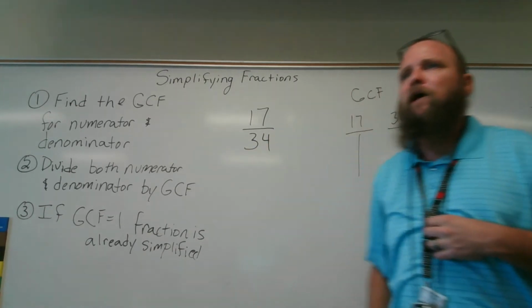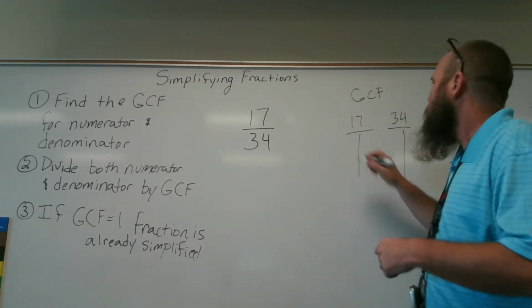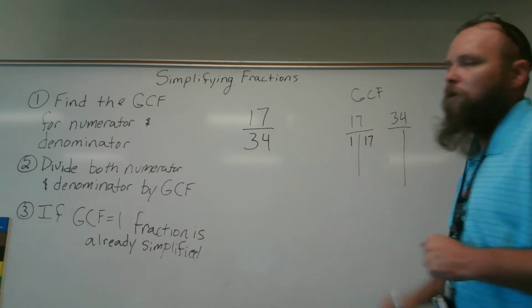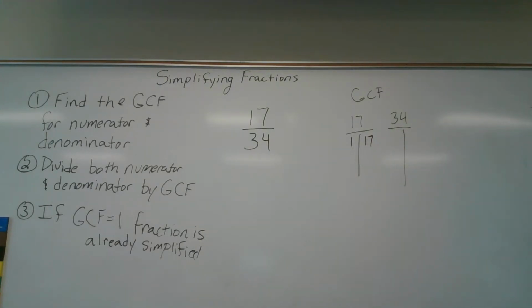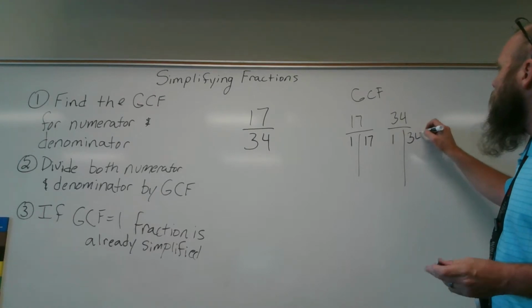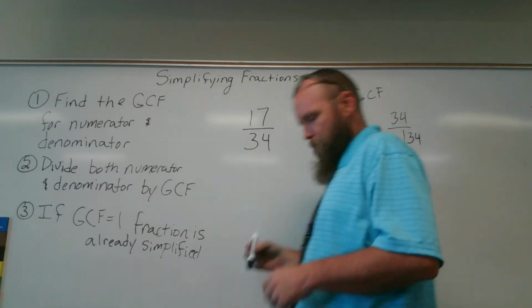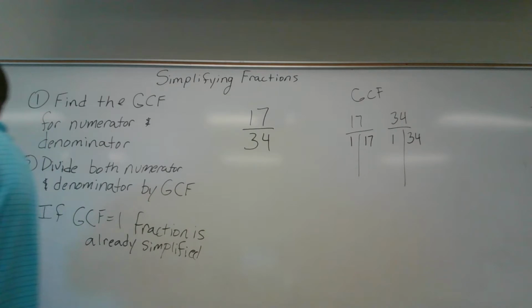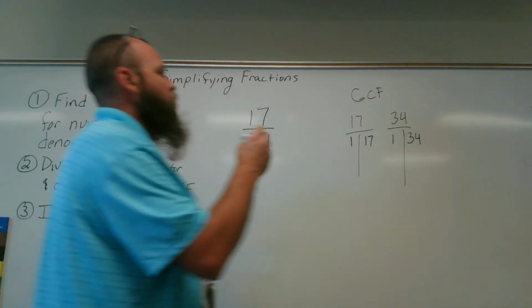So the only 2 factors of 17 are 1 and 17. We know, obviously, that 1 and 34 are factors of 34. 34 is an even number. And what is a factor of every even number? 2 is a factor of every even number.